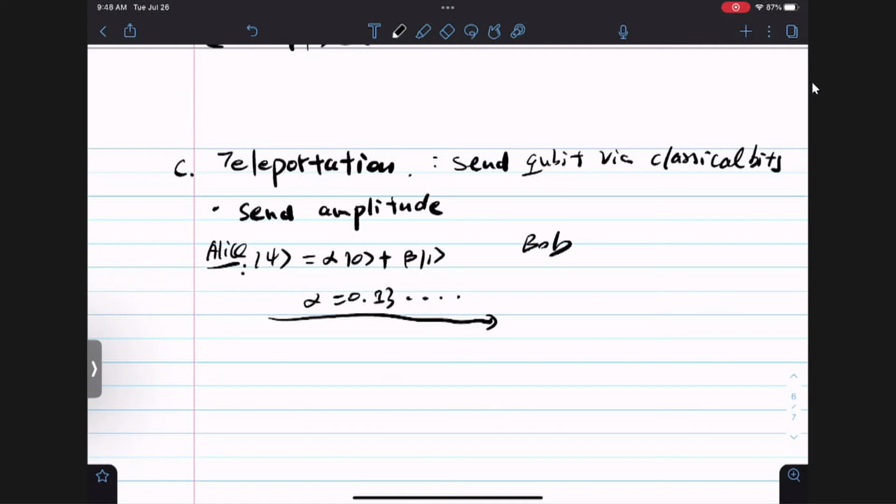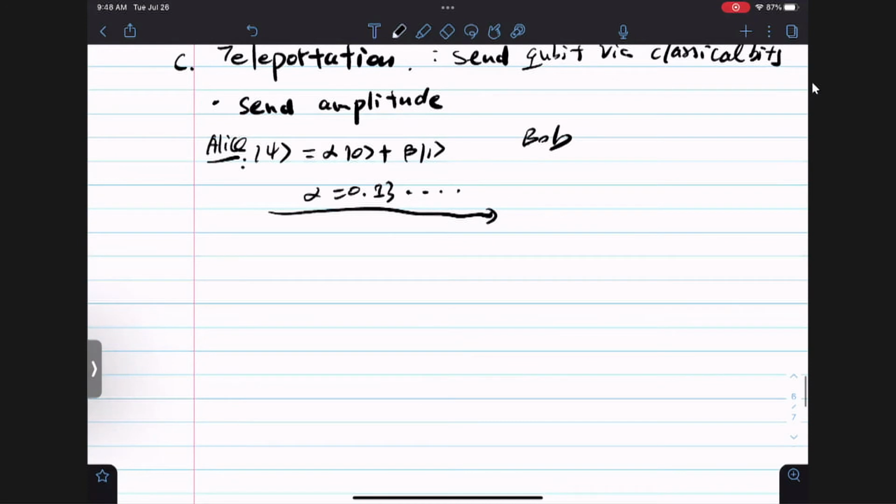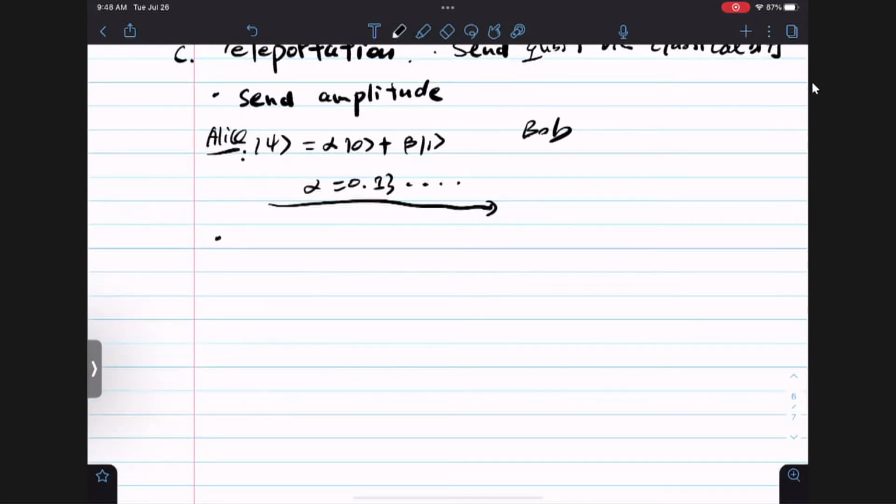through classical communication? Well, it turns out entanglement can be really helpful here. So for any qubit state psi, Alice just needs to communicate two classical bits if they pre-share an EPR pair.